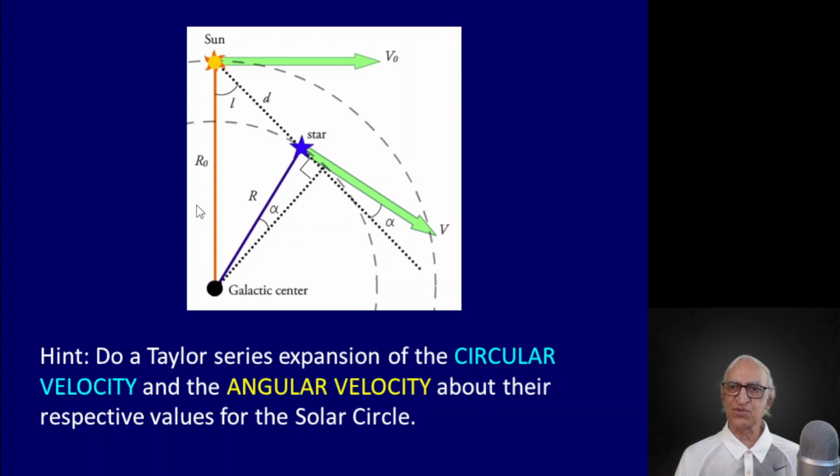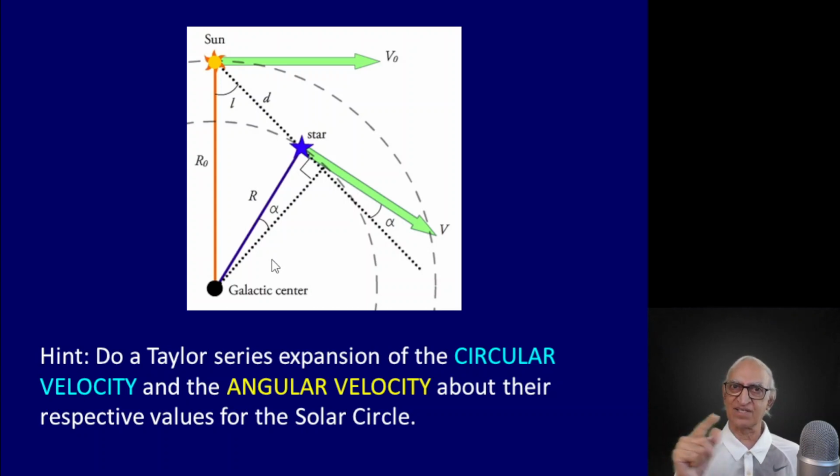Now, you do a simple trigonometry and convince yourselves that this will give you the expression that I had given before. And the most important thing to notice about that expression is that both the radial velocity and the transverse velocity are proportional to sine 2L and cos 2L, where L is the longitude.